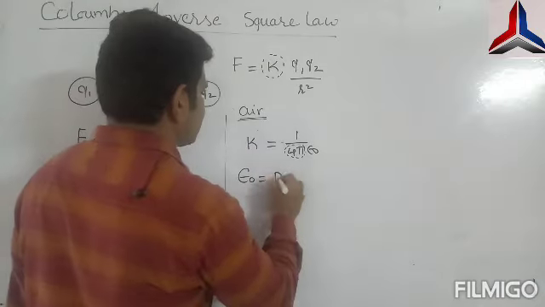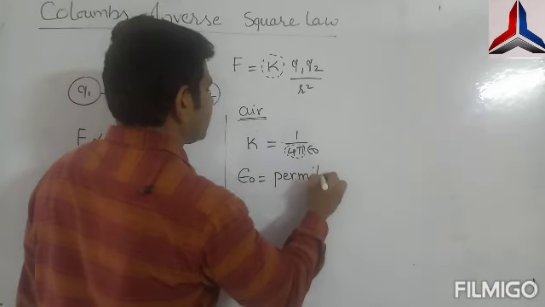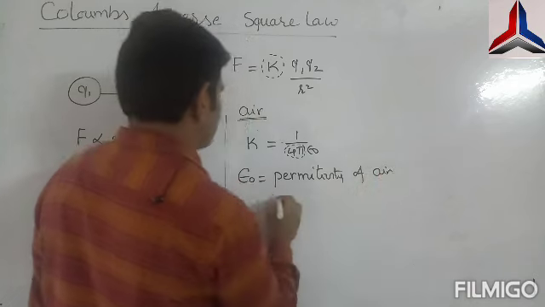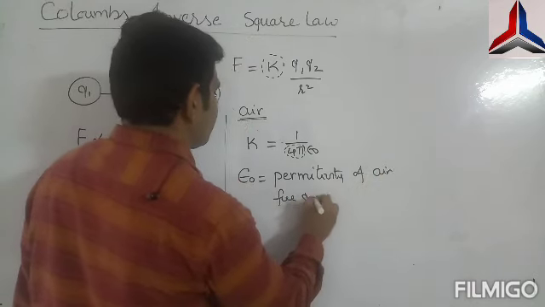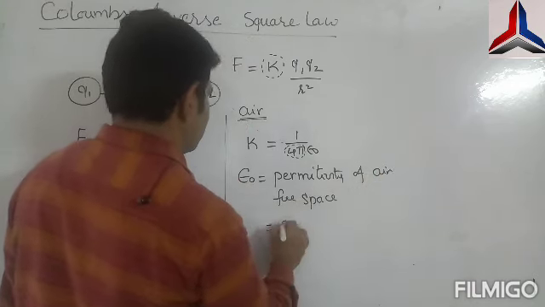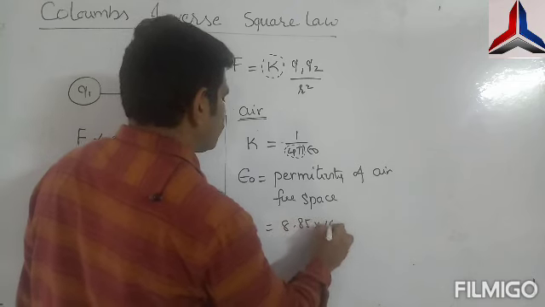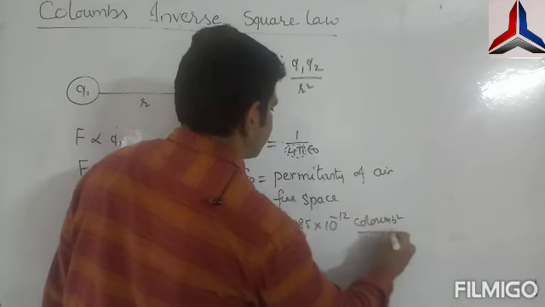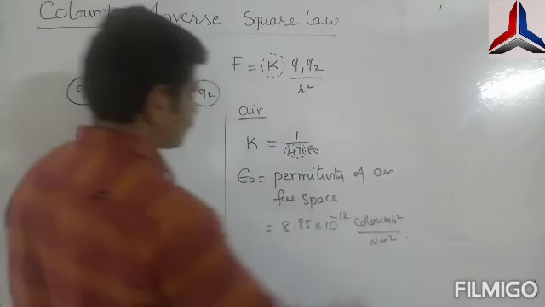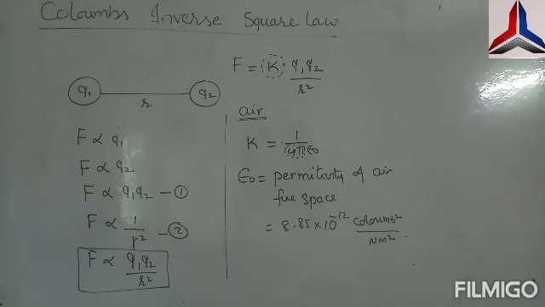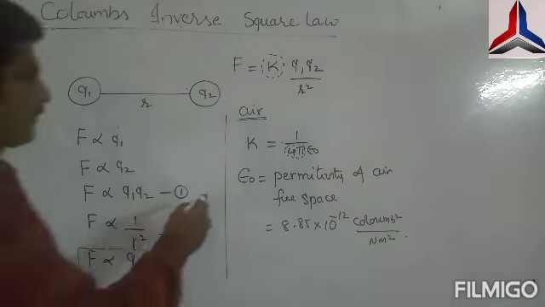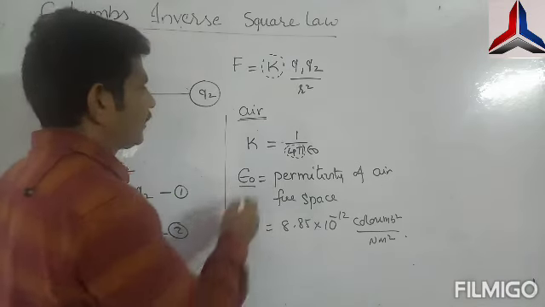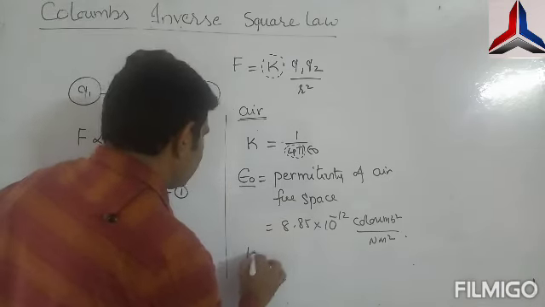That is called the permittivity of air or free space. I think you know that value is 8.85 into 10 to the power of minus 12 Coulomb square by Newton meter square. So if two charges are separated by a certain distance, the force between them can be found.